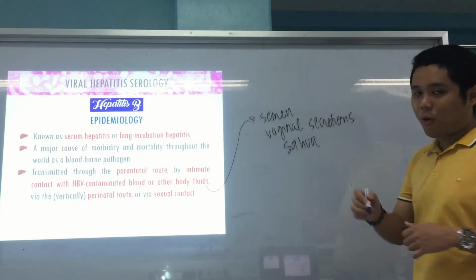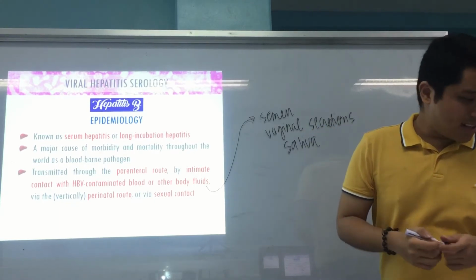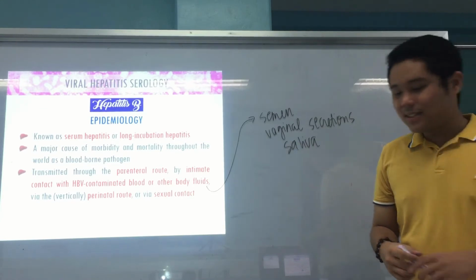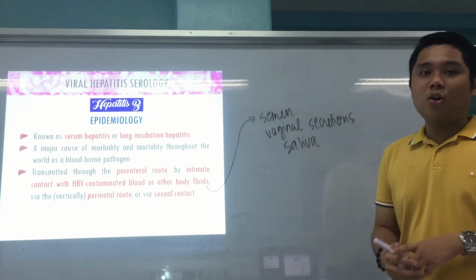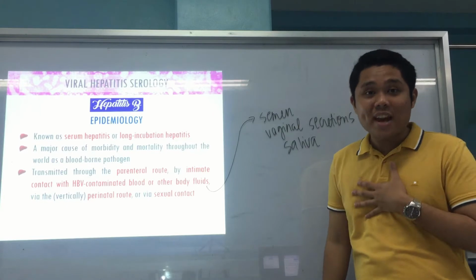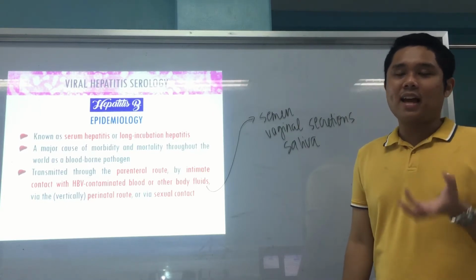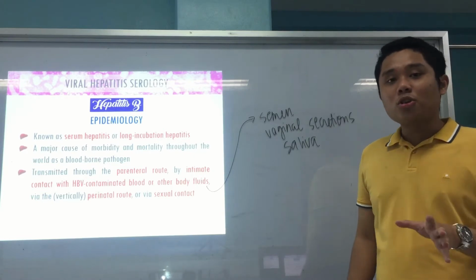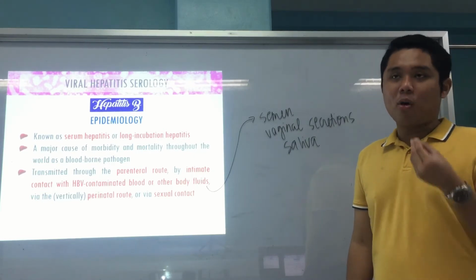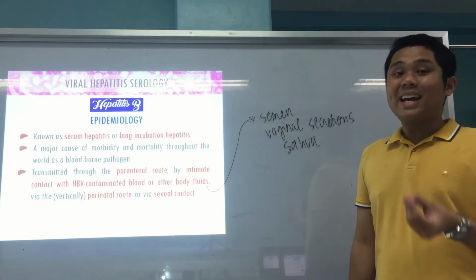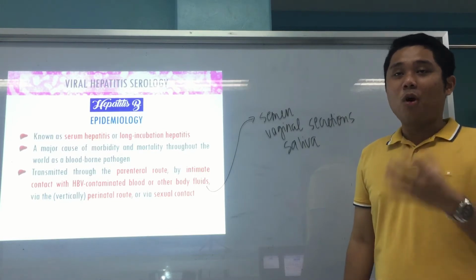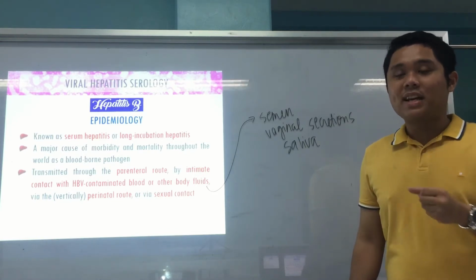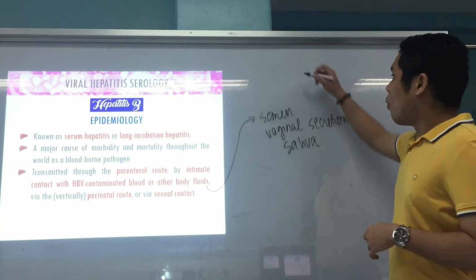So, therefore, let's go to the blood bank. If you are a donor and you are living with a person having hepatitis B infection, there is a deferral. You are about to donate blood, but you are living with a person who is HBV positive. The deferral is 1 year.